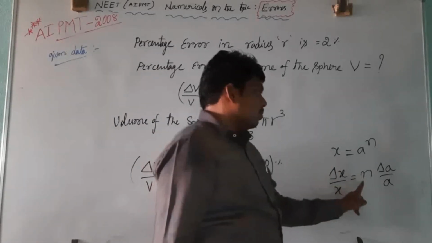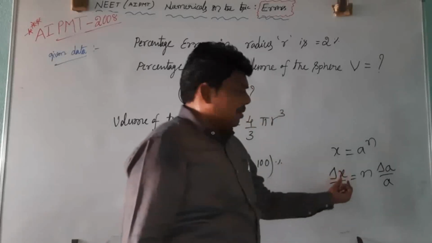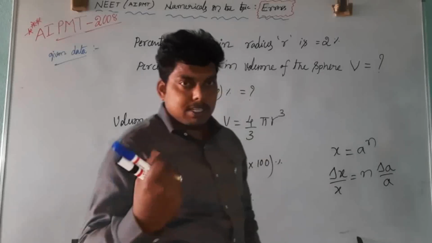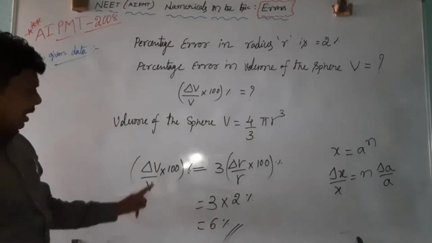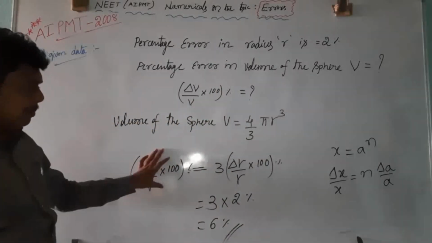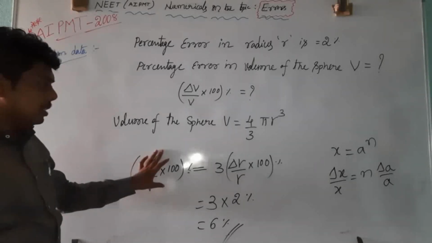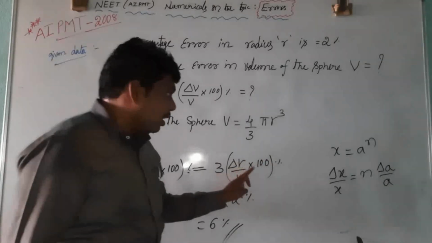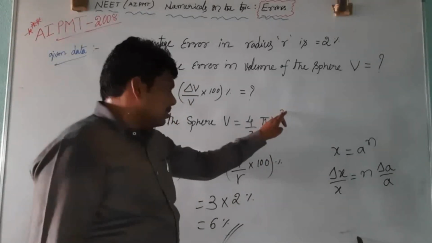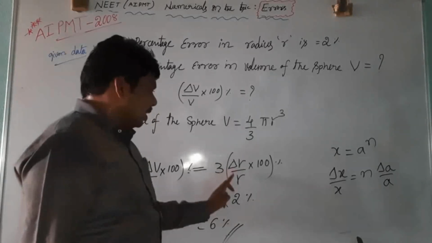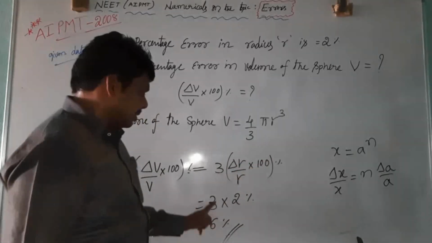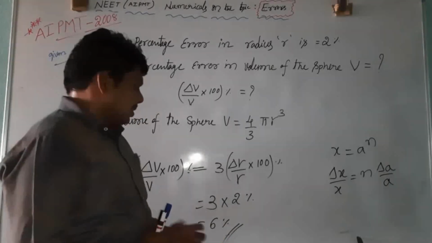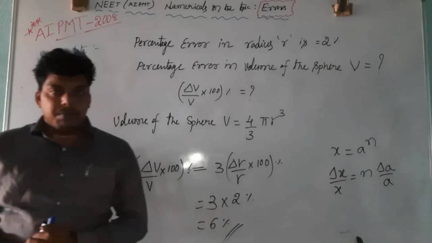Delta x by x is equal to n into delta a by a. You can take this in terms of percentage also, just multiply with 100 and express in terms of percentage. So here delta v by v into 100%, that is percentage error in the volume, is given by delta r by r into 100. But with the r, there is r to the power 3, so we have to multiply with the 3. 3 into delta r by r into 100%. 3 into 2%, that is equal to what? 6%. This is the right option for the given question.